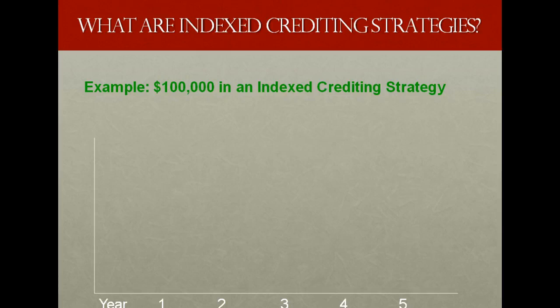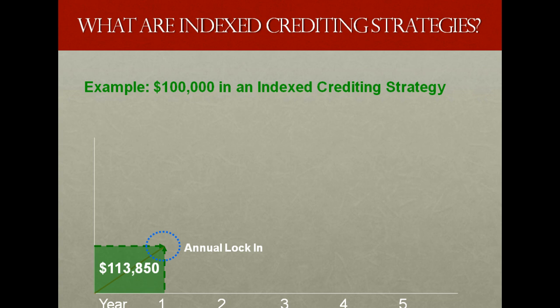In addition to that, growth inside of the account, or interest that is earned inside of the account, is tied to the growth of an exterior stock market index, such as the S&P 500, the Dow Jones Industrial Average, or other various stock market indexes, both in the United States and around the world.